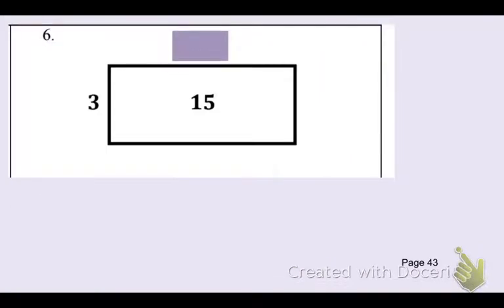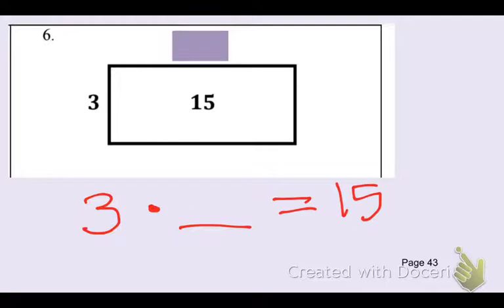All right, so I'm on page 43. So this is a way to show distributive property by a model. So basically what this is saying is 3 multiplied by what gives us 15.